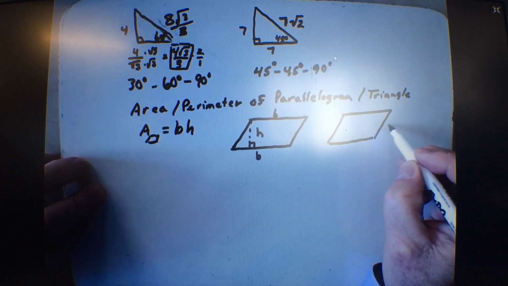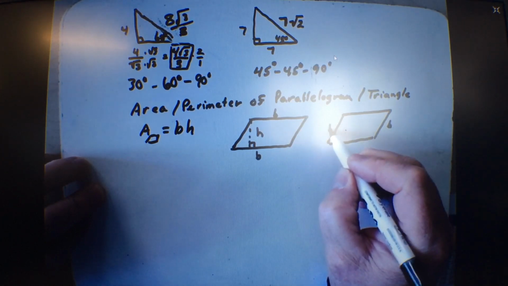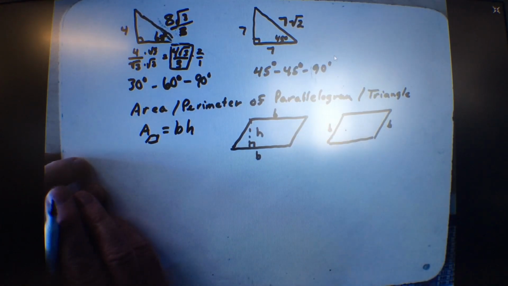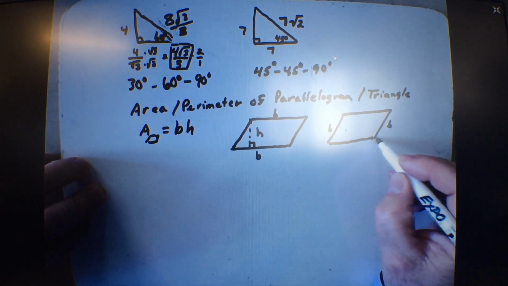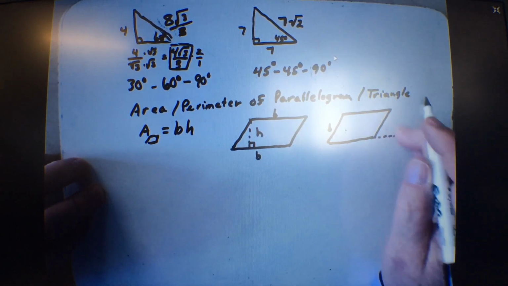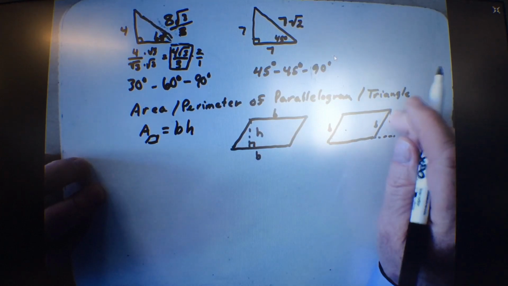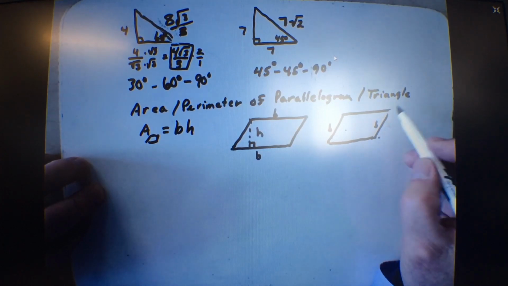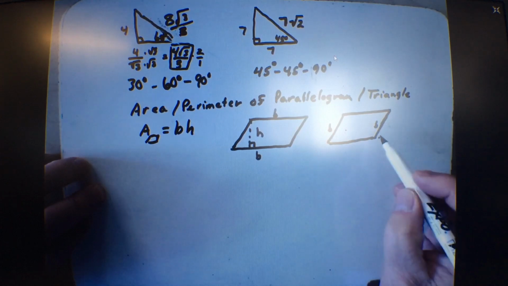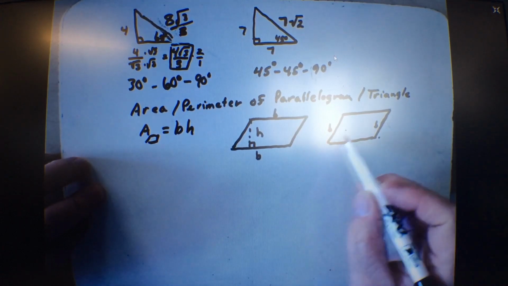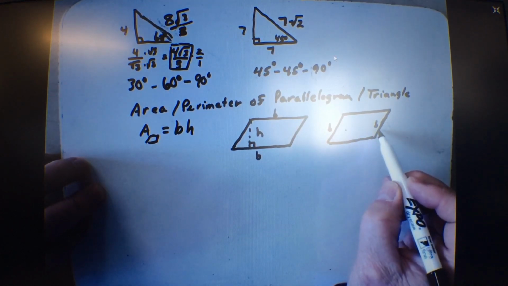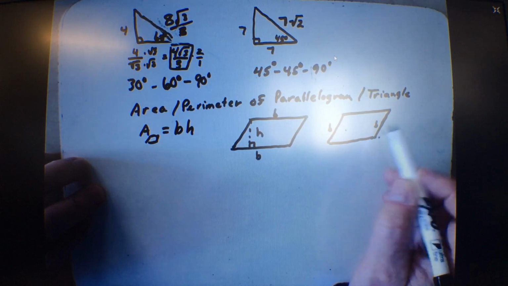What if this is the base and this is the base? The height then is to this base, and I want to go from this side somewhere, and it has to be perpendicular to this base, at a 90-degree angle.